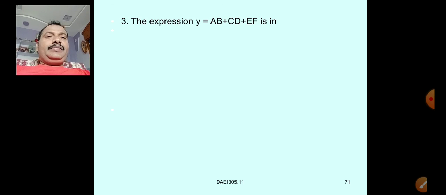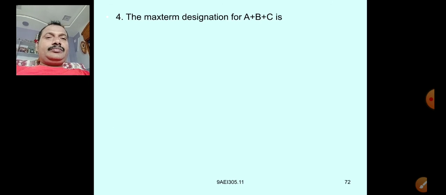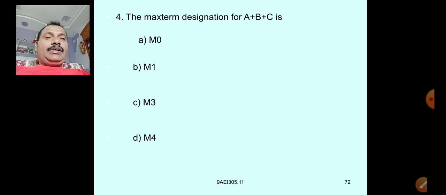The expression y equals AB plus CD plus EF is in which form? SOP, POS, hybrid, none. It is SOP form. The maxterm designation for A plus B plus C is M0, M1, M3, M4. Which one? It is M0.